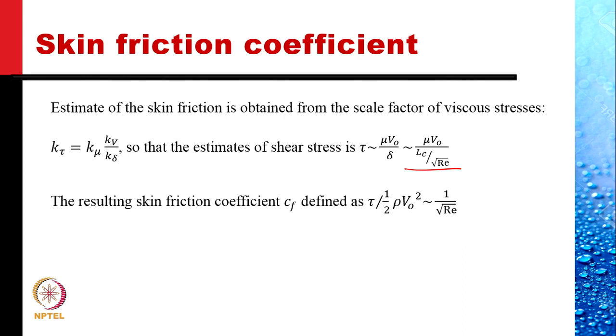The resulting skin friction coefficient C_f, defined as tau divided by 1/2 rho V naught squared, is 1 over square root of Re on a flat plate. The result is a very good result. The measured value is like 0.66 divided by square root of Reynolds number. So it is a very good estimate that we obtained with very little work.